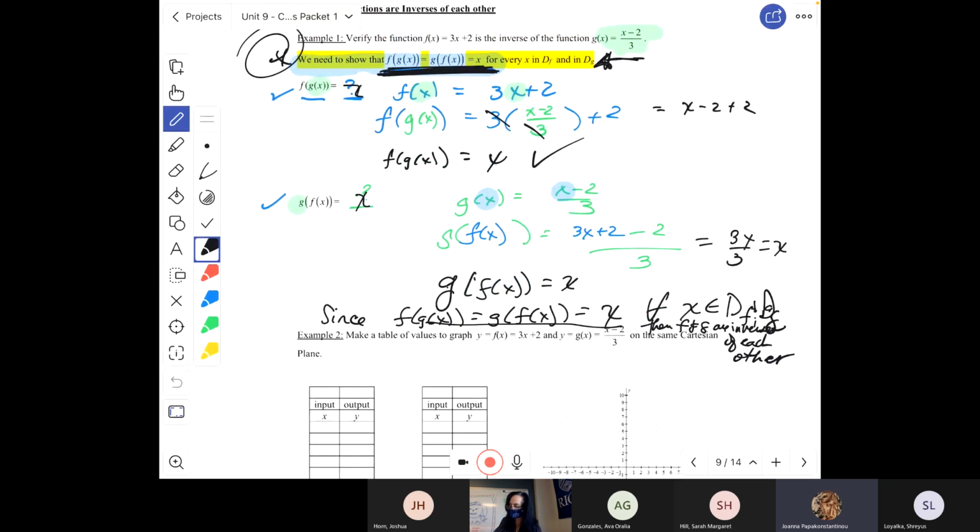At the very beginning, you always state what you're showing. We need to show f of g of x equals g of f of x equals x for every x in the domain of each. You have to state that. You can't just start doing some algebra. What are you showing me? Show it to me, and then from what you've shown me, draw the conclusion.